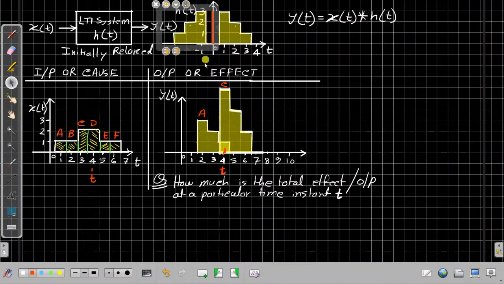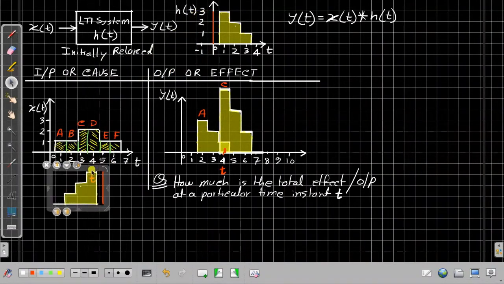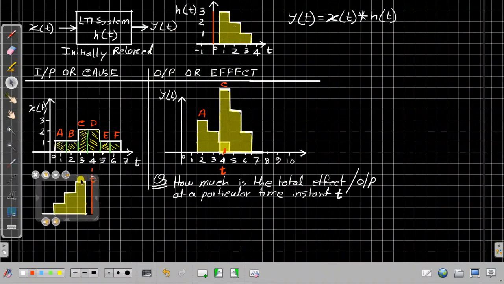Next, if I want to know the total effect at this point of time, then I will bring this flipped impulse response and put it below the input curve in a way such that this red marker is directly below this point of interest, time t.